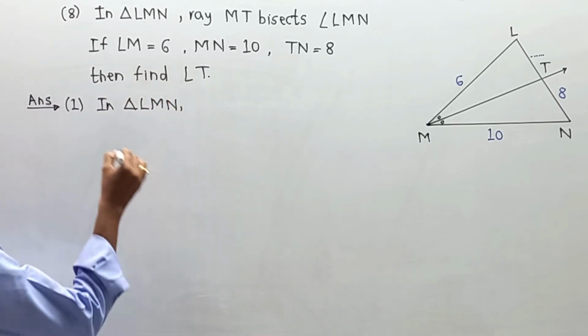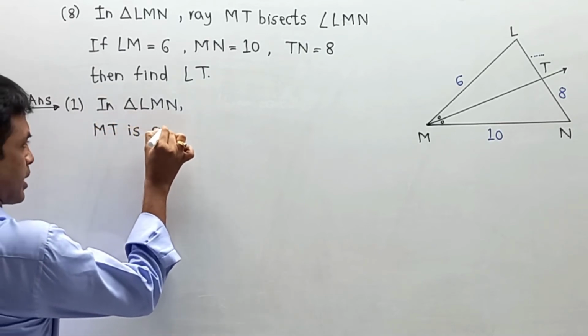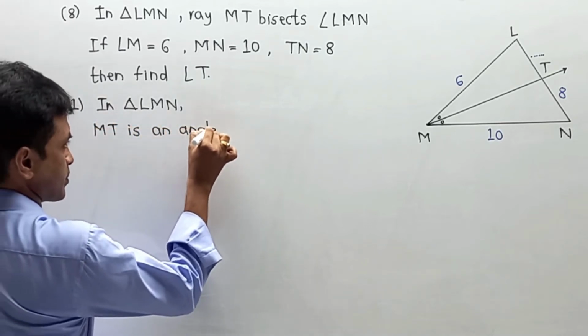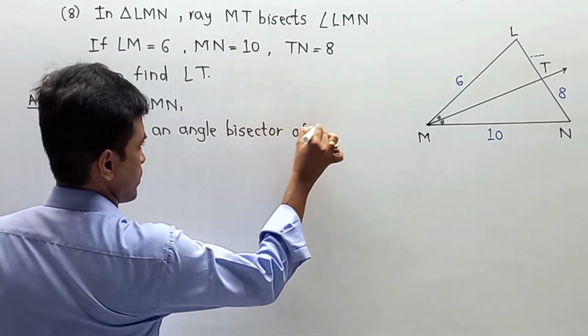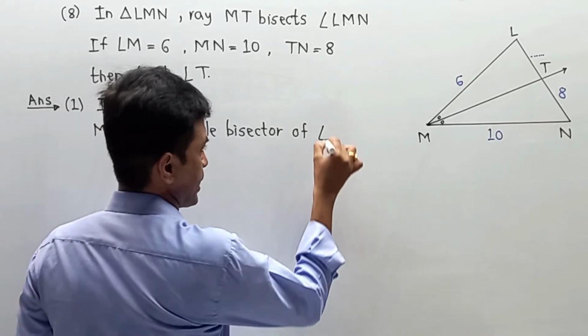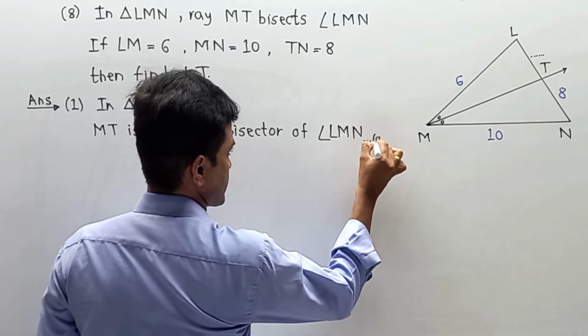here MT is an angle bisector of angle LMN. They have given it, so I am writing it as given.